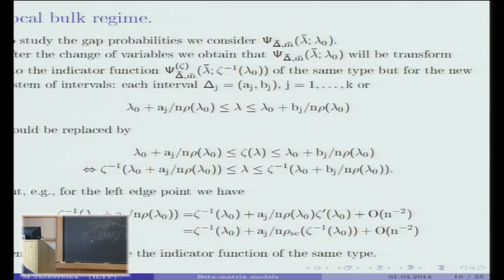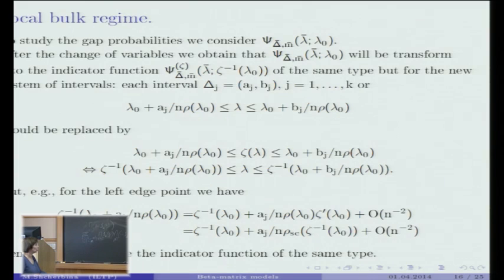So you will have right normalization here, because zeta prime, I just recall, was the ratio of rho semicircle by rho this one. And so you obtain the system of intervals of the same type, and this term which is of order n minus 2 could be easily controlled, so you really obtain the same situation.